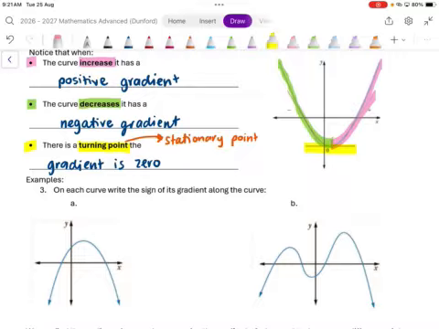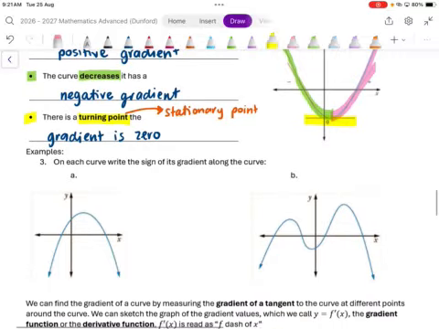With our next example, on each curve we're going to write the sign of its gradient along the curve. Wherever we have a maximum point or a minimum point, so we have a maximum point here, that is where our gradient is 0. Now, from negative infinity to that point, is our gradient positive or negative? Are we going up from the left to the right?